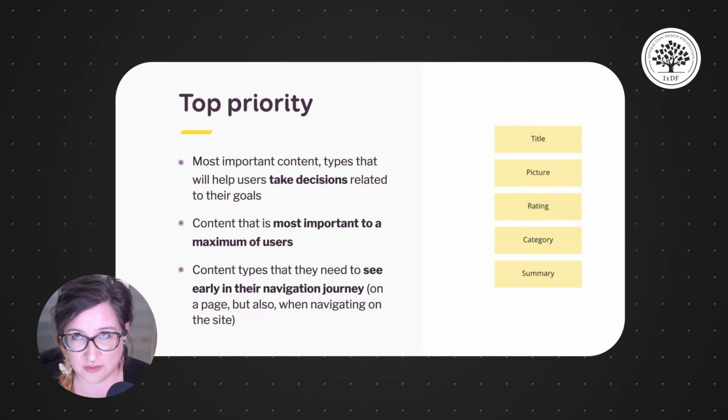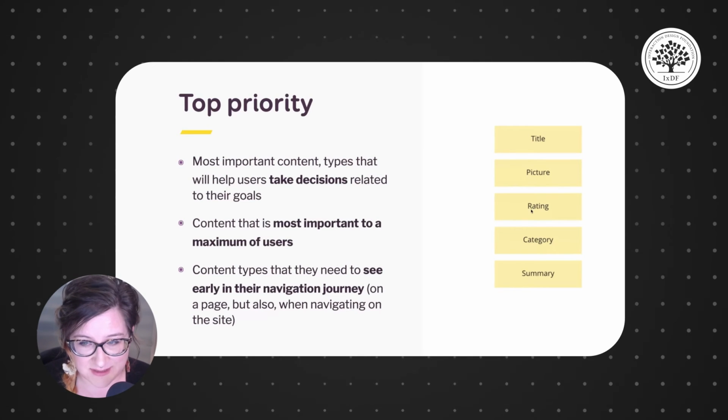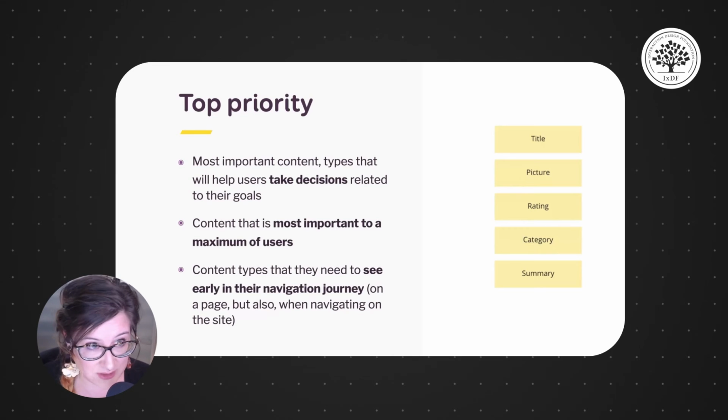I have a whole thing on cognitive biases, but basically ratings create this social bias where people are like, oh, if it has a good rating, it means a lot of people enjoyed the recipe, and the other way around. So ratings are very important when people decide if they want to continue checking this cooking recipe or not. Categories and then a small summary. So again, this is the most important to the maximum of users, and they need to see this early in their journey. So this is your hand luggage.